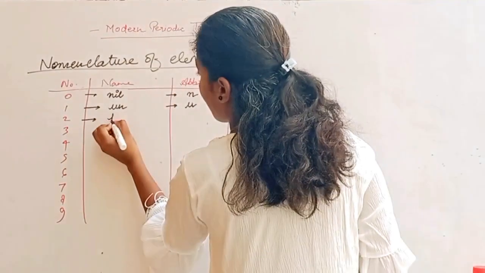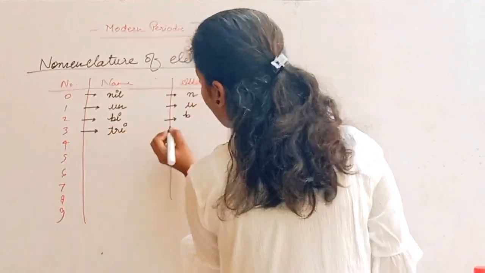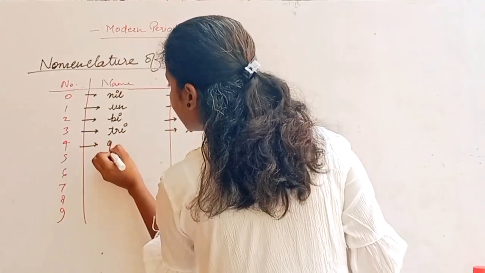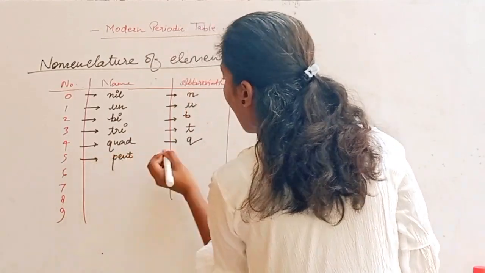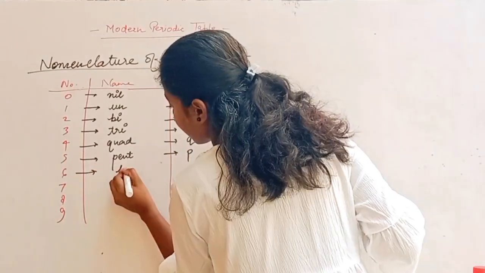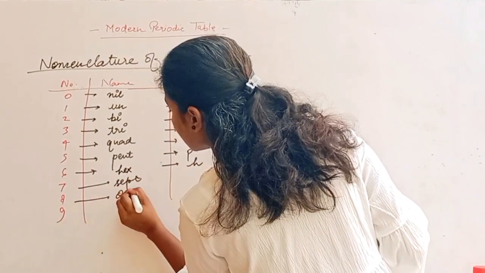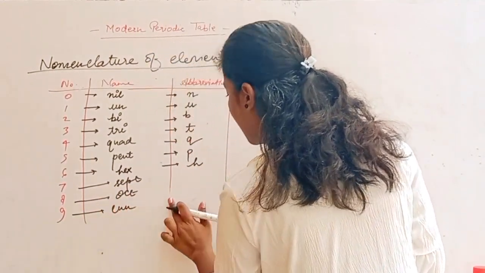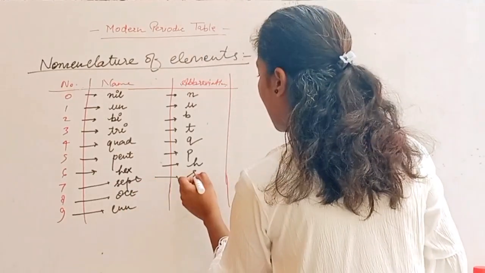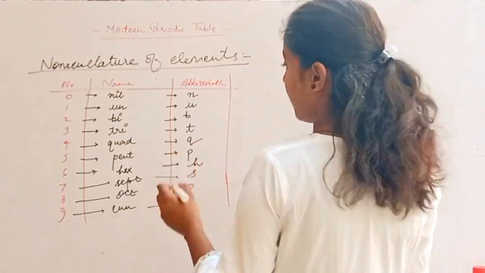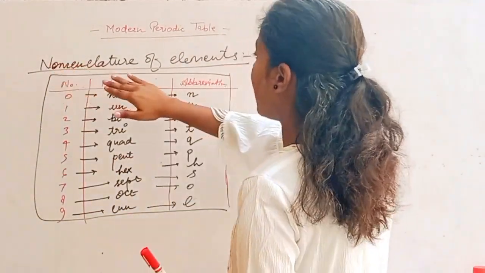For 2, we write bi, abbreviation is b. 3 is tri, abbreviation is t. 4 is quad, abbreviation is q. 5 is pent, abbreviation is p. 6 is hex, abbreviation is h. 7 is sept, 8 is oct, 9 is enn, and the abbreviations are s, o, and e. So this is the table required by us to remember for writing the nomenclature of the elements.